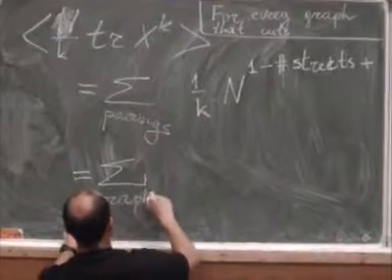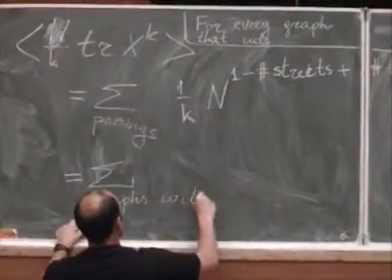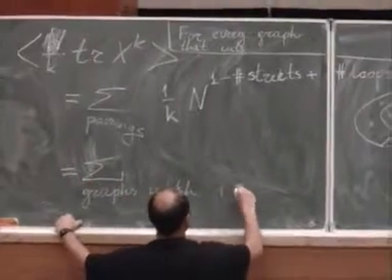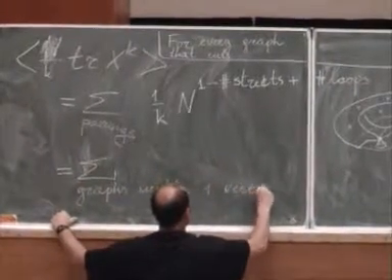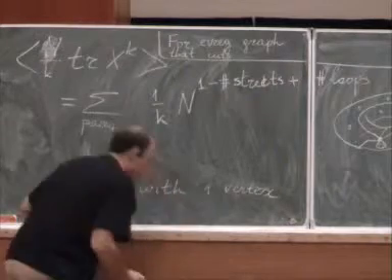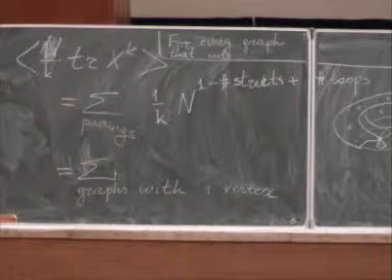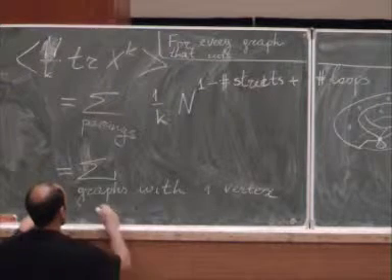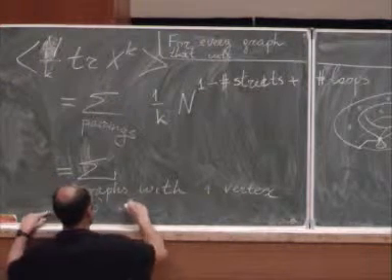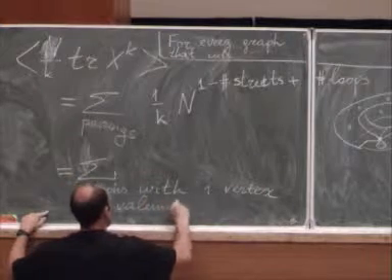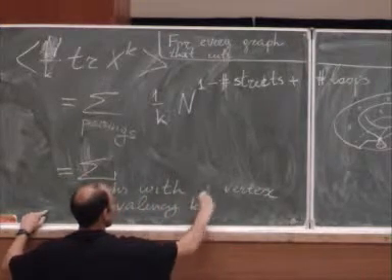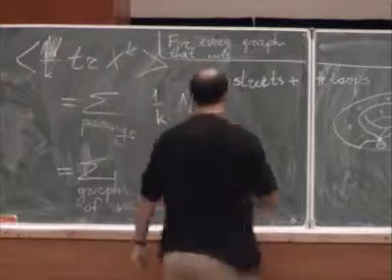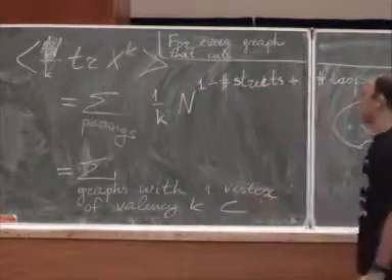So finally, this is the sum over graphs with one vertex of valency k embedded into a surface.